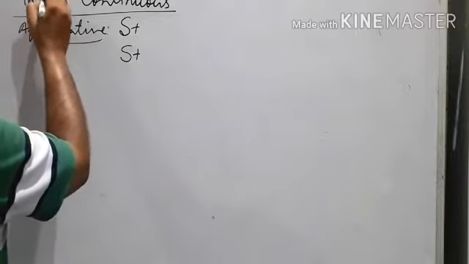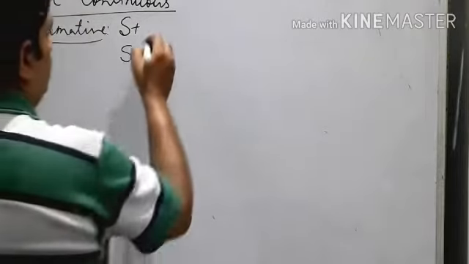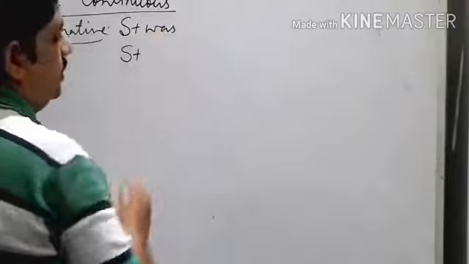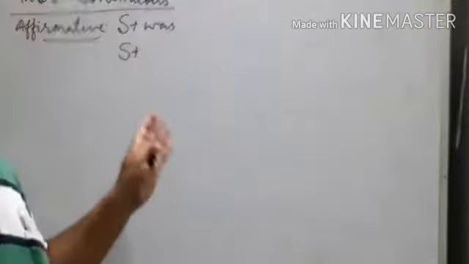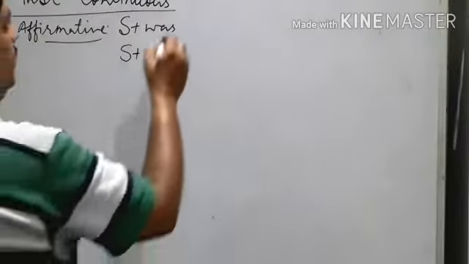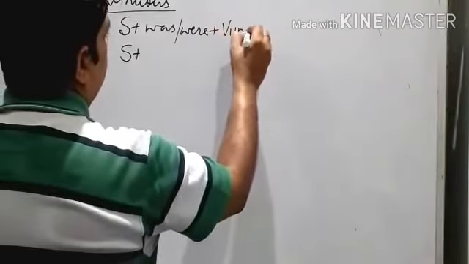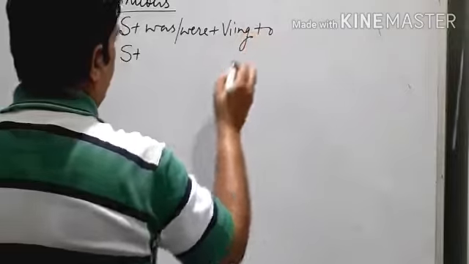Past continuous. Here, like in present continuous, we had is, am, are. Here it is was, were.